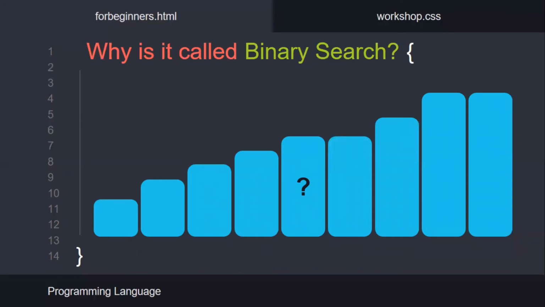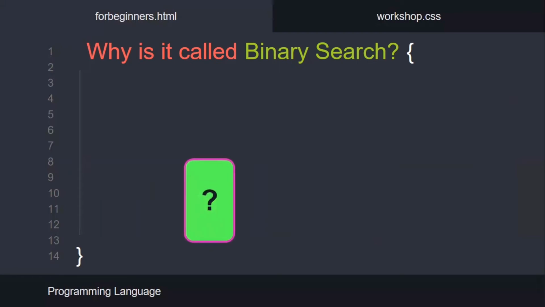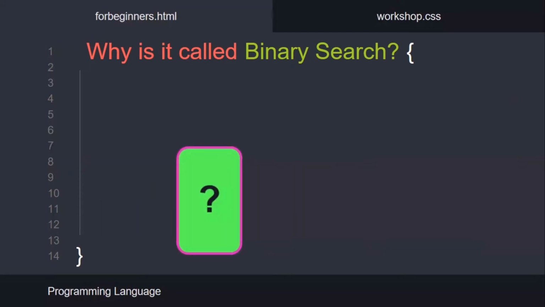And in this algorithm, we divide the array into two parts, the left and the right part. And depending on the value of the middle element, we move depending on the element we are looking for. So if what we are looking for is less than the middle, then go to the left, because what we are looking for is smaller. And then ignore the right side. And then divide again by 2. Then check again, and divide again by 2. So it is called binary search because it divides the array into 2, and then it ignores the other half until it finds the element we are looking for.